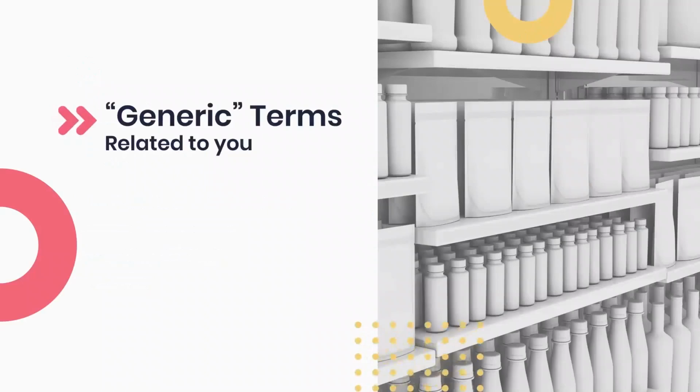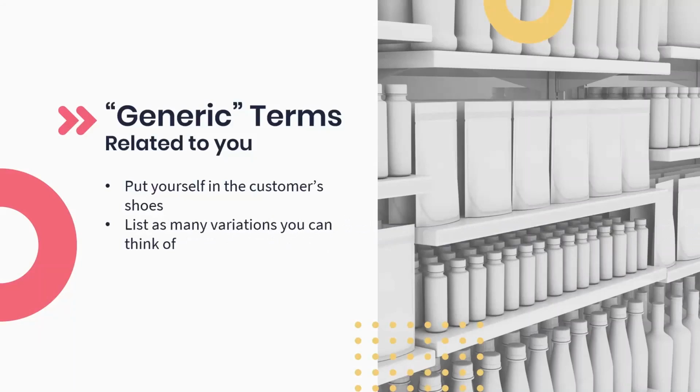Then we have generic terms. By generic, I mean these are the almost obvious keywords that someone would search to find your service or product. So here you need to try and put yourself in the customer's shoes. If you have done SEO keyword research or research for content development, then those areas would be something to look at as well for PPC. Then with those, you need to list as many variations as you can think of.